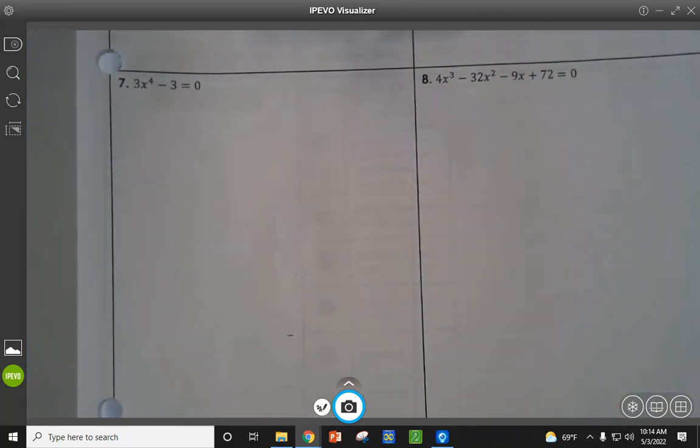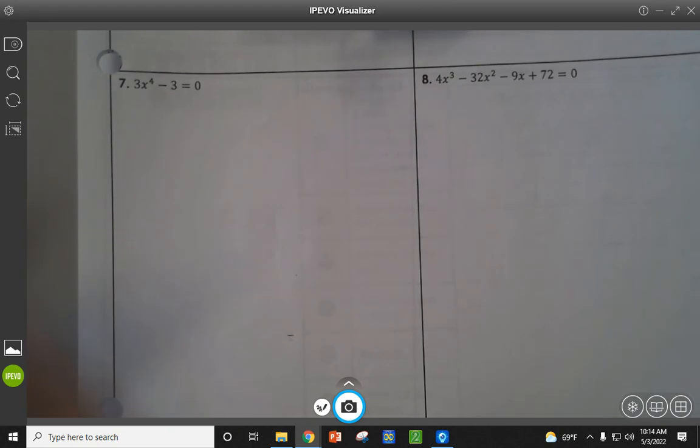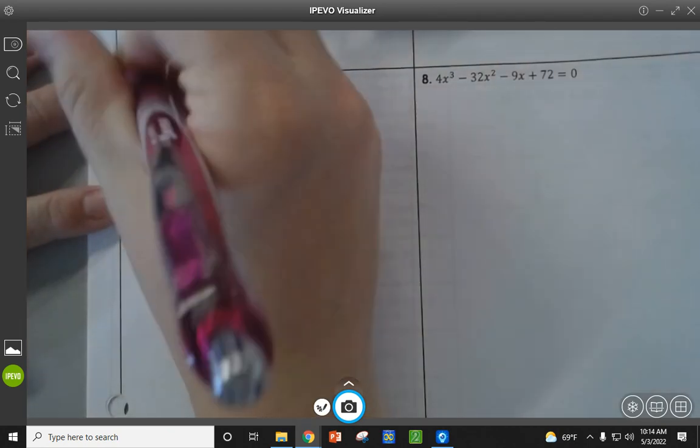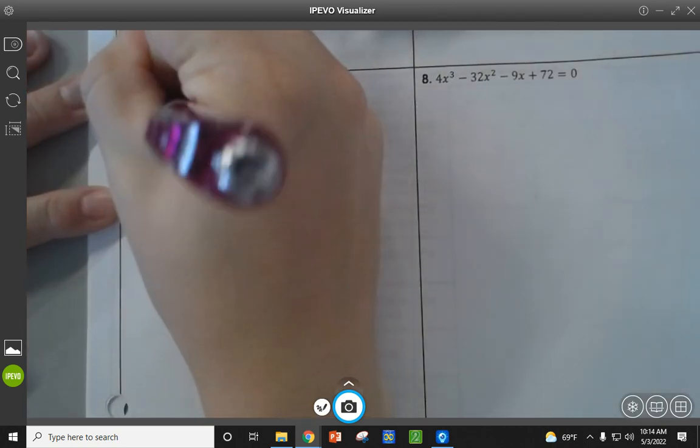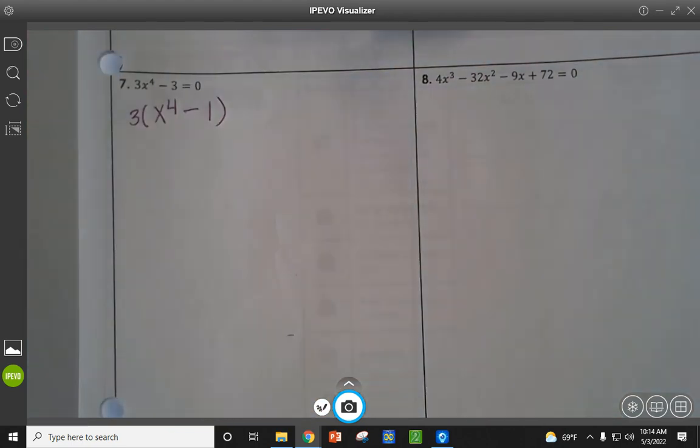Is there a GCF? What is it? 3. Which leaves me with x to the 4th minus 1. Can that one be factored?